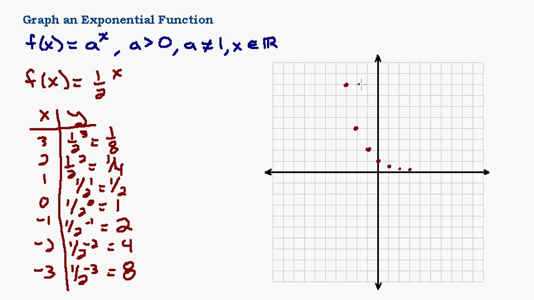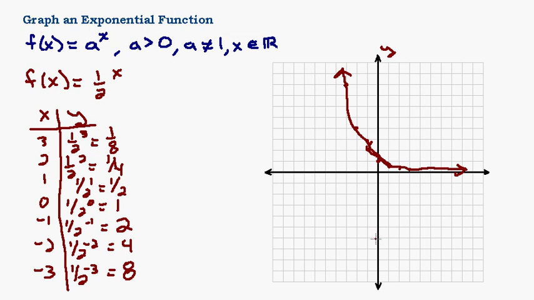So you can see it's the same exact shape we had for 2 to the x, except it's a reflection. Oh, that's not the best drawing I've ever done. Okay, if I had time I'd do that better, but you get the idea. It's a reflection over the y-axis here. But it's the same kind of pattern.